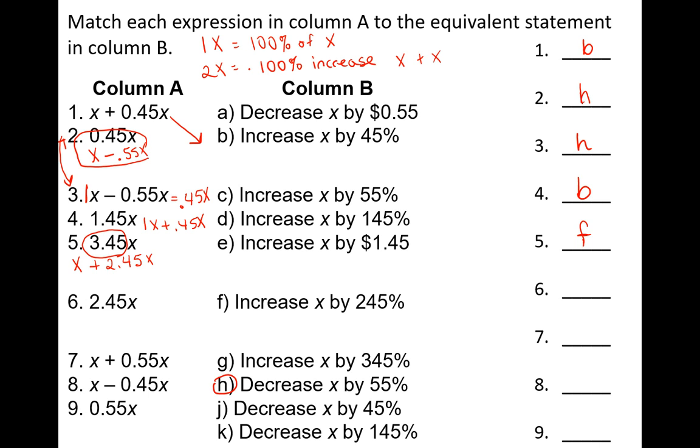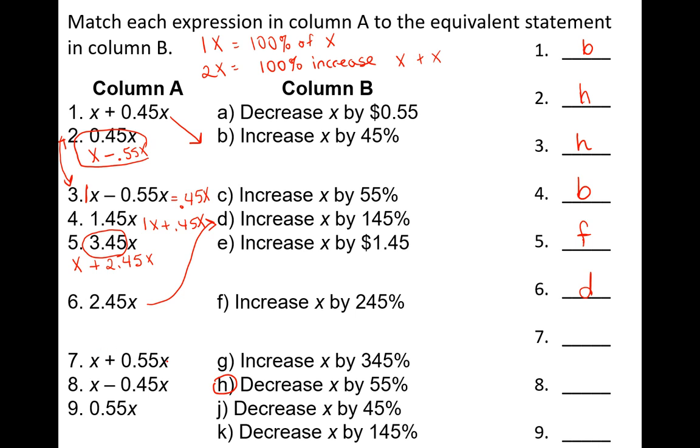They're slightly different meanings. 1x is just 100% of x or x. 2x is 200% of x or a 100% increase. So 2.45x is only an increase of 145%. So that one would be D.